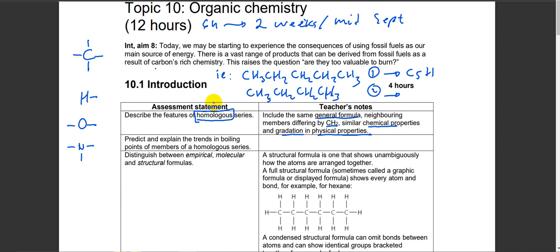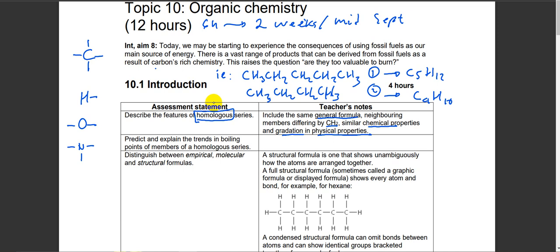No, that's 12. Yeah, I think that's 12, right? So 1, 2, 3, 4, 5, 6, 7, 8, 9, 10, 11, 12. This one will be C4H10.